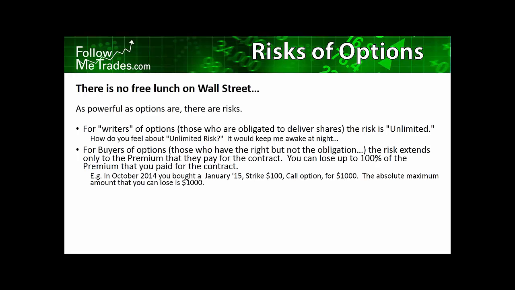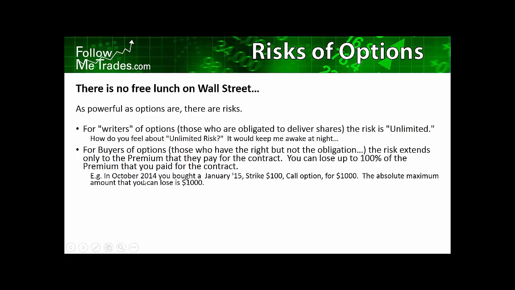For buyers of option contracts, remember, when you buy an option contract, you have the right, but not the obligation, to act on that contract. So the only risk you have is the premium that you paid for the contract. Now, you can lose 100% of that premium, and there's a way to control that risk, right?